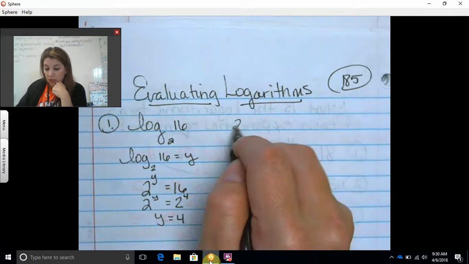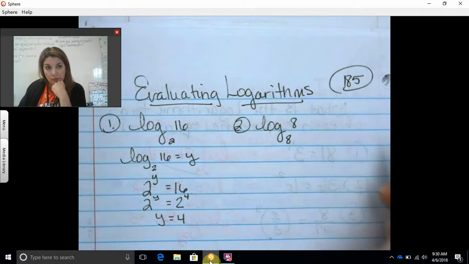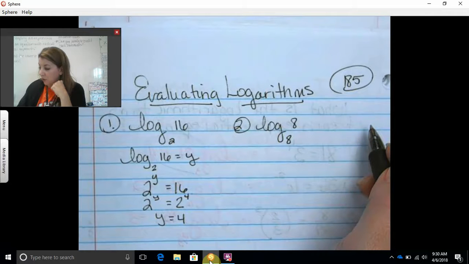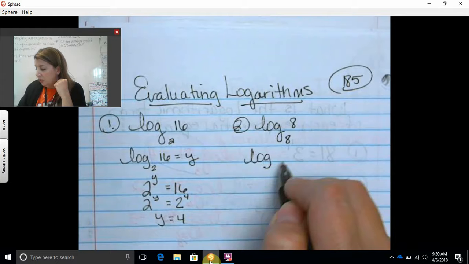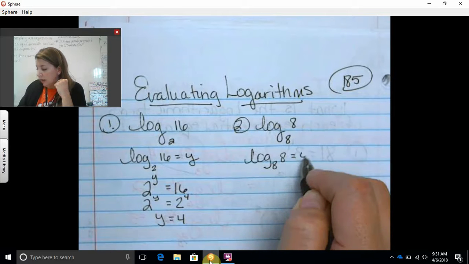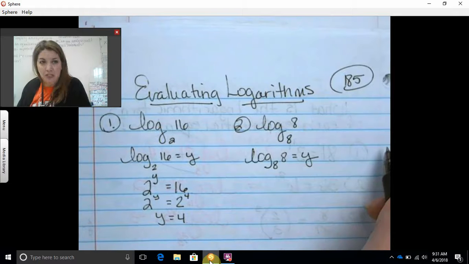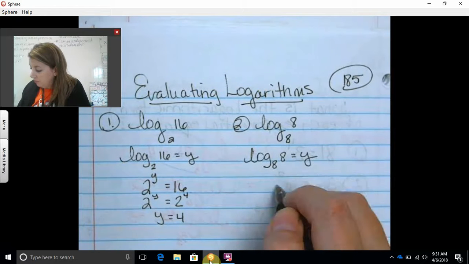Example 2, log base 8 of 8. What's that going to be? It's going to be 1, right? But let's go through the process. So I would just write it as an equation, log base 8 of 8 equals y. And then write it as an exponential equation. So 8 raised to the y equals 8.